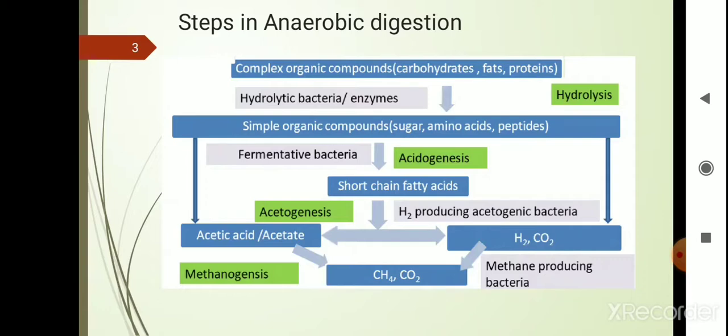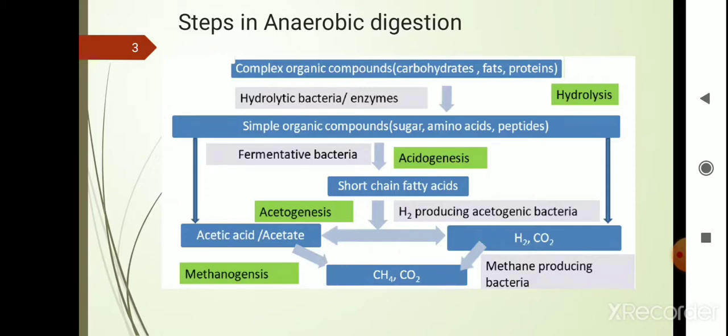So in the second step, these are converted to short chain acid forms. The pH at the time of this process must be around 5 to 7, that is in the acidic range, or neutral also. That is our second step. And the third step, the acetogenesis bacteria.